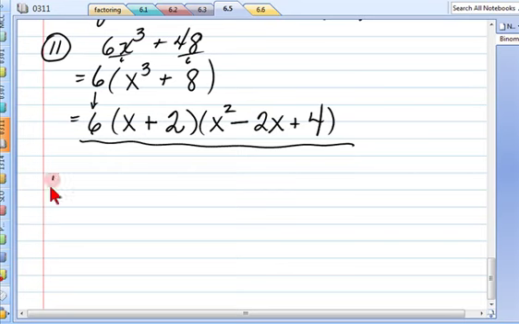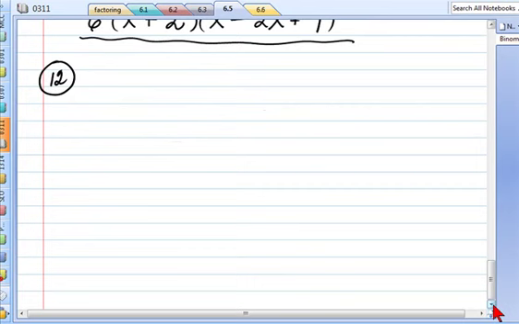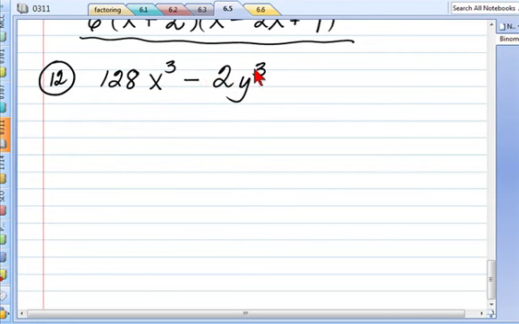All right, let's look at number 12. I have 128 x to the third minus 2y to the third. I'd like you to think through all the possible steps and factor that. What did you see first in this problem?